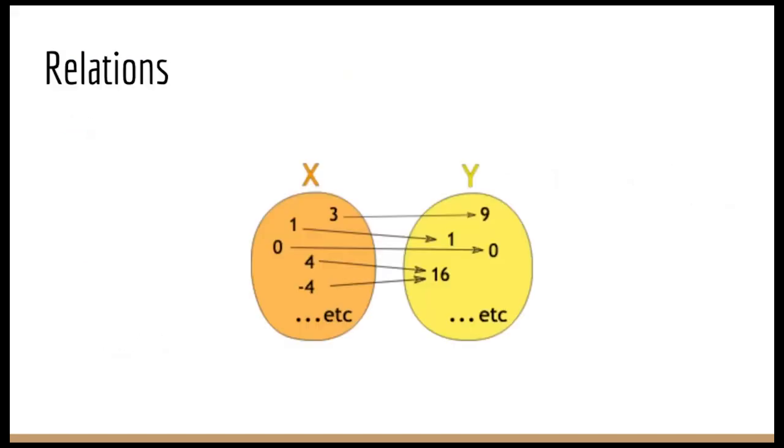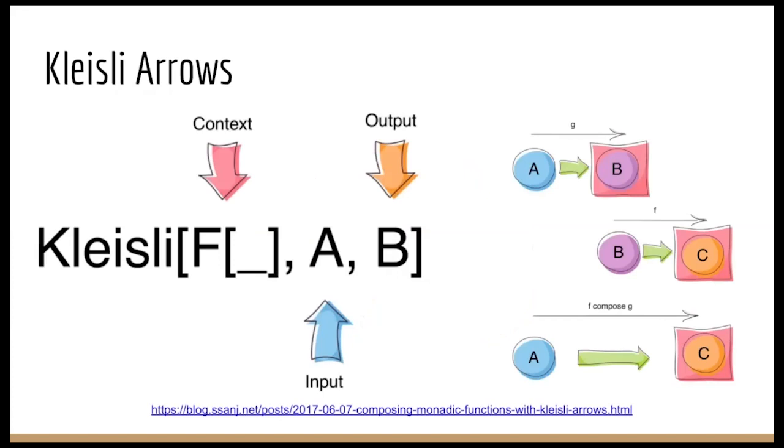And now we've covered so many relations between simple objects, but we don't have to limit ourselves to just numbers. We can also talk about relations between functions, and this is where Kleisli arrows are super useful because they allow us to compose functions.